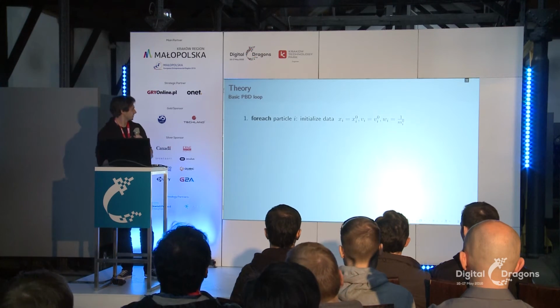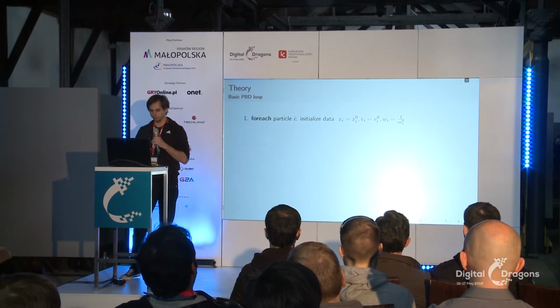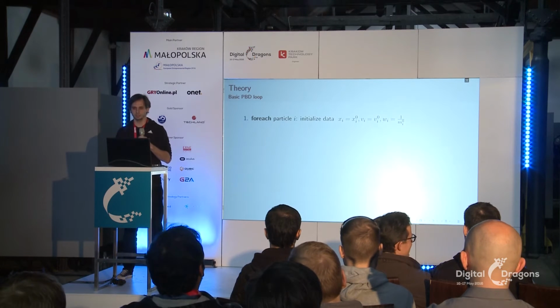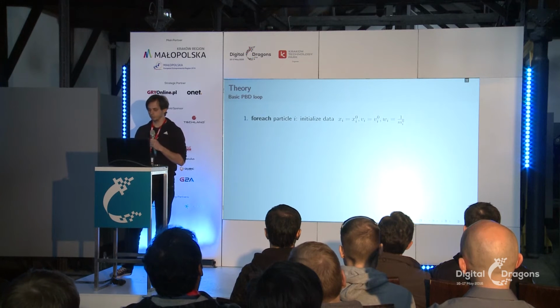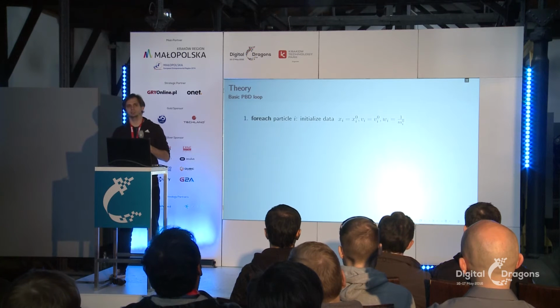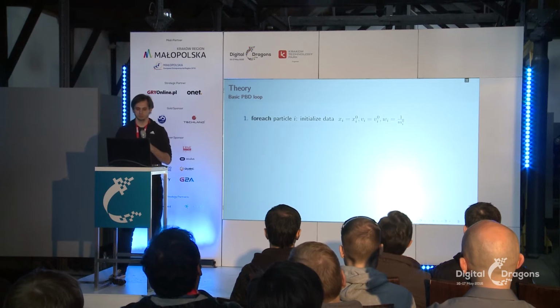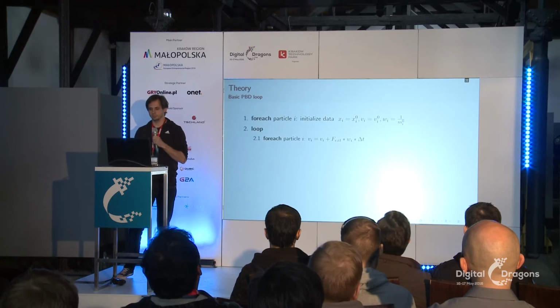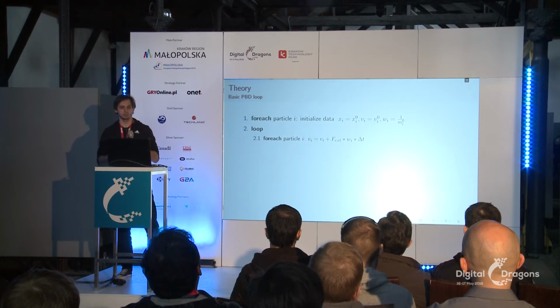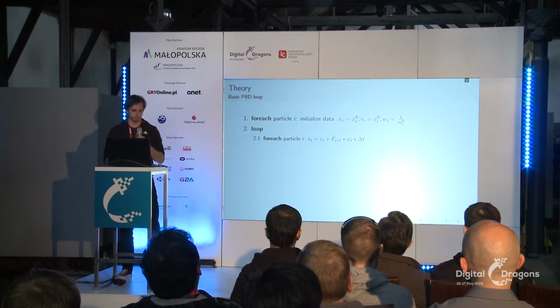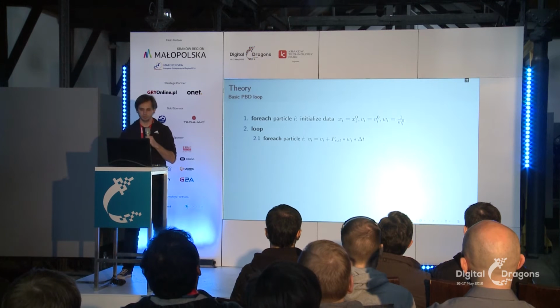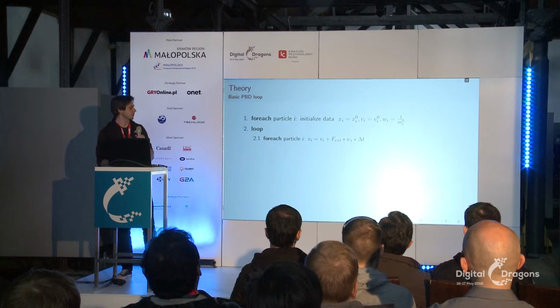Now the basic PBD loop. Before simulation starts, we have to initialize data with some values: position, velocity, and inverse of mass, and some constraints are pre-computing some internal data. First step, for each particle we compute velocity using the explicit Euler formula, where Fx is the external force vector.